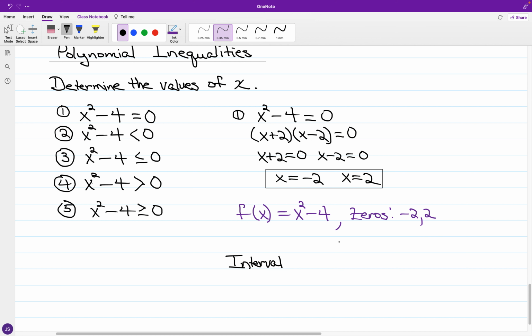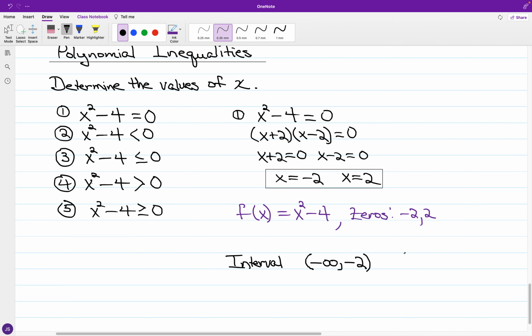So if you were to look at what we have for the zeros, you have negative 2 and positive 2. And I'm going to set up the table almost like if you had negative 2 and positive 2 as exclusions from the domain. So for the first interval section, say those values of x that will be less than negative 2.